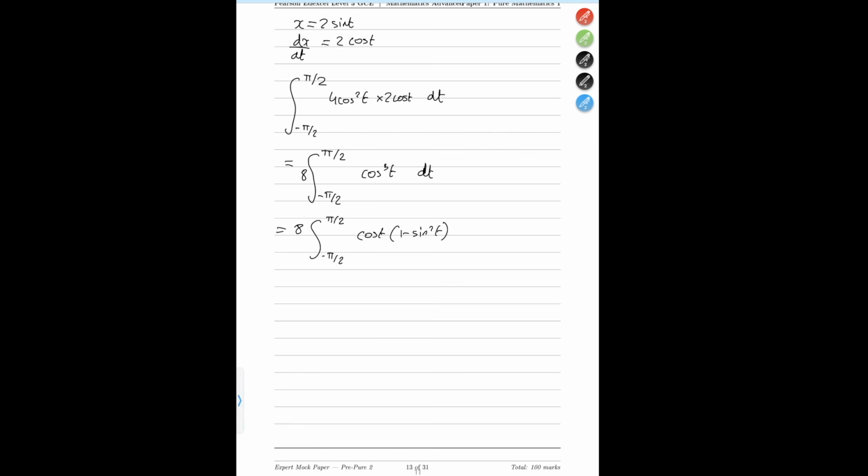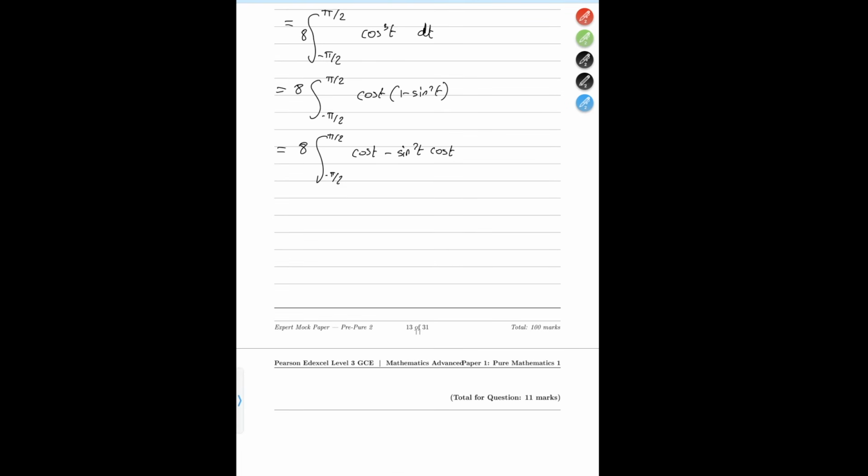I have skipped the steps showing that I've split it into cos t and cos squared t, but all I've done is substitute 1 minus sine squared t for cosine squared t. So we have the integral of cosine t minus sine squared t cosine t. The reason I've done this is because it allows me to use the reverse chain rule. I used to get confused between the two, but let me explain.